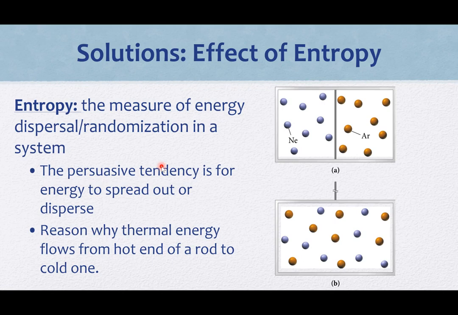So it's the reason why thermal energy flows from the hot end of a rod to a cold one. Again, it's dispersing or spreading out or randomizing that heat. It's not all going to stay at the tip of that rod. So that's just another example of entropy, and a quick introduction to it. We'll talk about the ins and outs and calculations associated with it in the coming chapters.